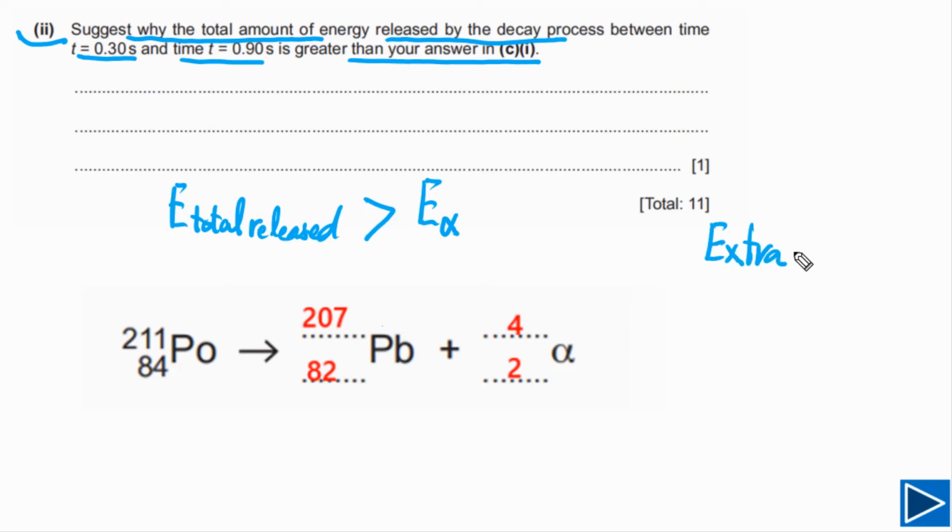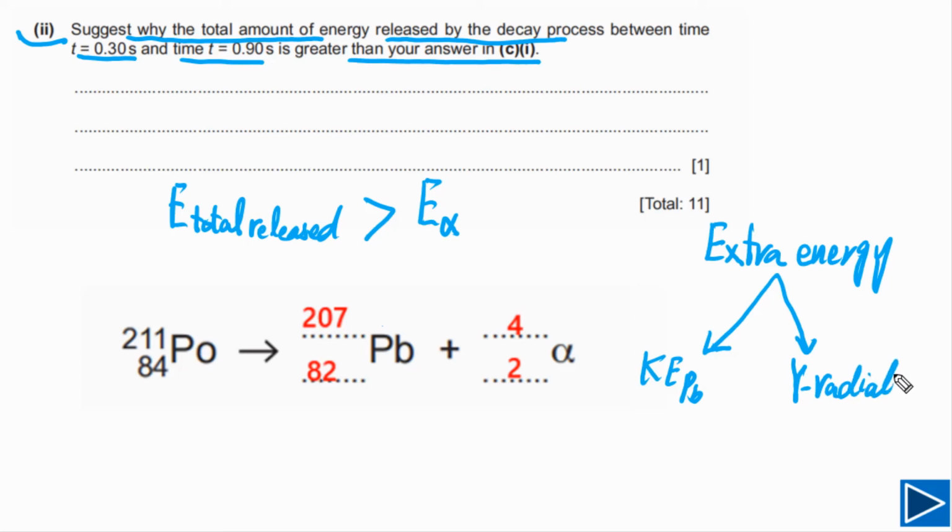The extra energy in fact becomes the kinetic energy of the Pb nucleus plus gamma photons, or gamma radiations. In any decay, gamma radiations are always emitted. So the extra energy has gone to the kinetic energy of the lead nucleus and in the form of gamma radiations.